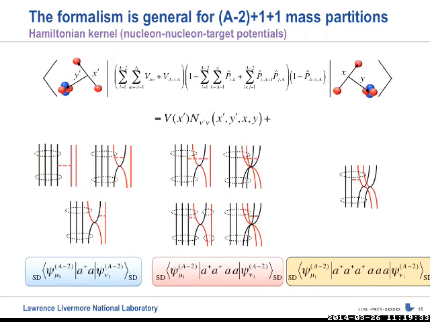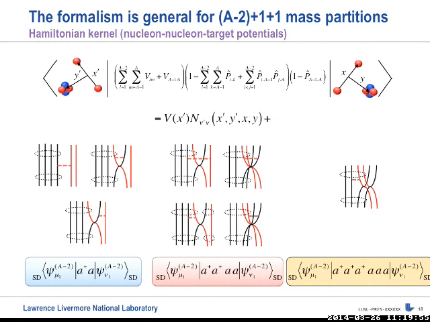Anyway, okay, so then for the Hamiltonian kernel, the story is pretty much the same. The part that is the most interesting is the one of the interaction. One has to antisymmetrize that, and once again one will obtain several terms in which there are interactions and exchanges, and again these are calculated using densities.